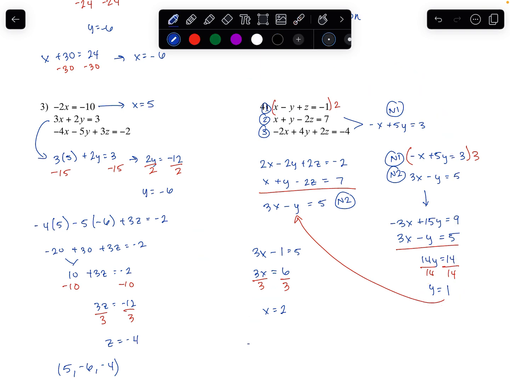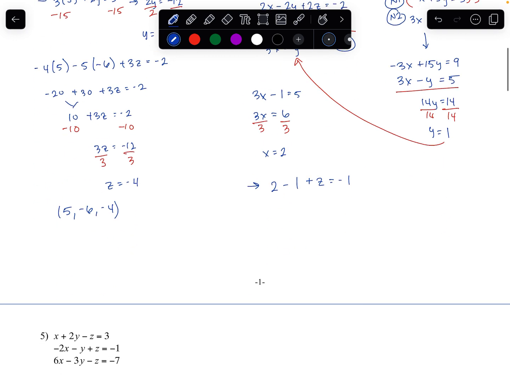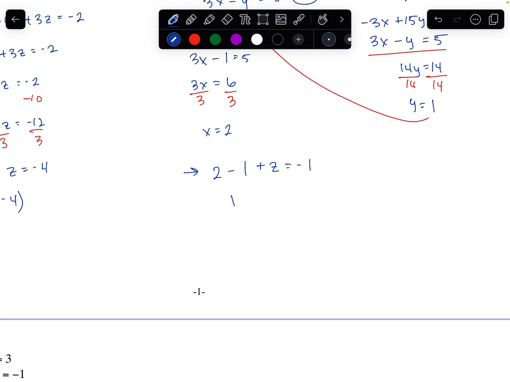So that's going to become 2 minus 1 plus z equals negative 1. 2 minus 1 is 1. Then I subtract 1, and z is going to be equal to negative 2. So my solution: x is 2, y is 1, z is negative 2.